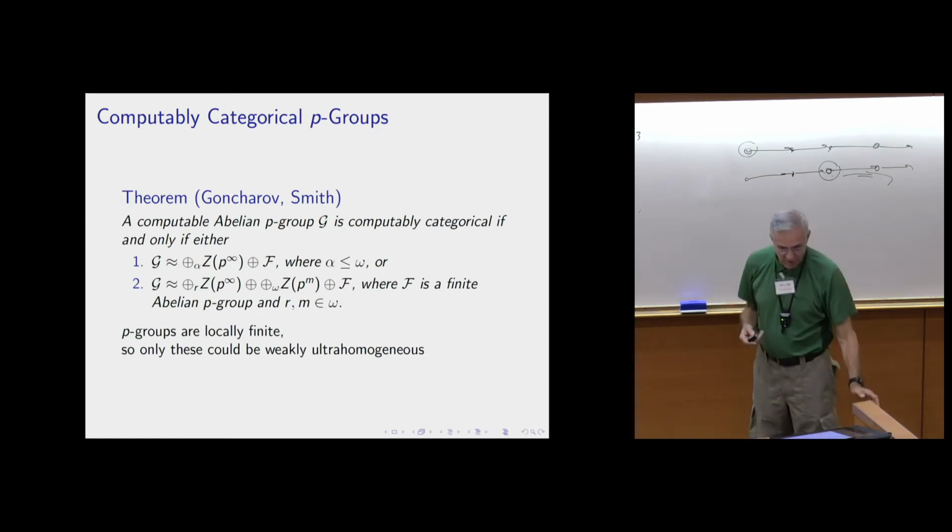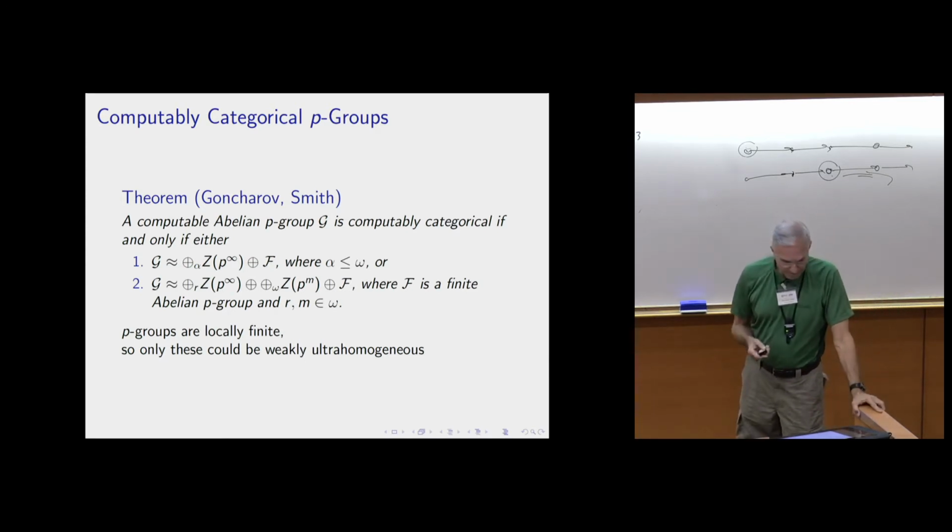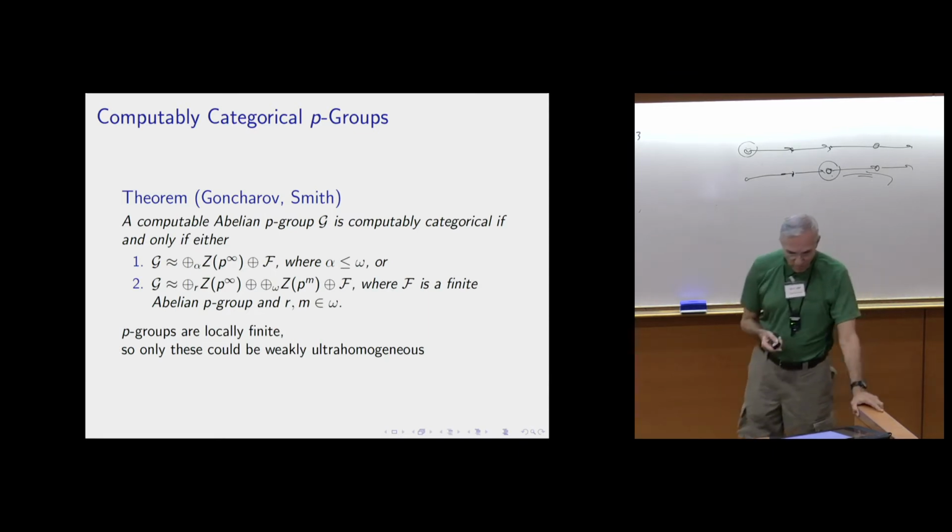Okay. So since p-groups are locally finite, these are the only structures that could possibly be homogeneous or weakly homogeneous. So we just have to determine which ones they are.